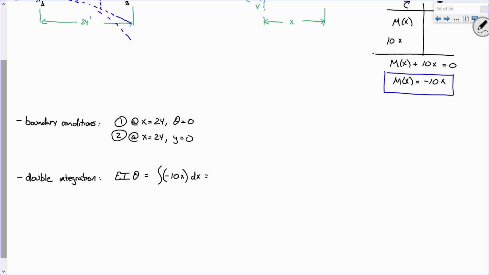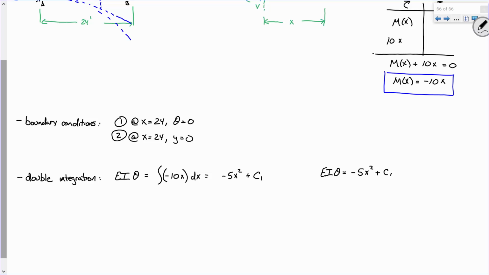So x squared over 2 times negative 10 is minus 5x squared, plus C1. There we go. We got that constant. So we've got EI theta is minus 5x squared plus C1.